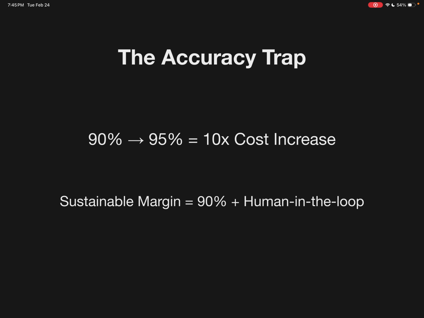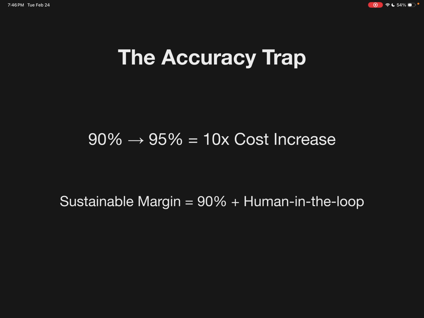There is a common reflex in AI teams: push accuracy higher. 92% becomes 95, but those last few points are exponentially expensive. I call this the accuracy trap. From a staff level, the question is economic.